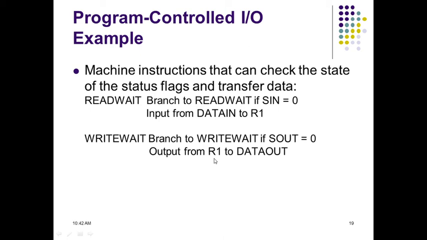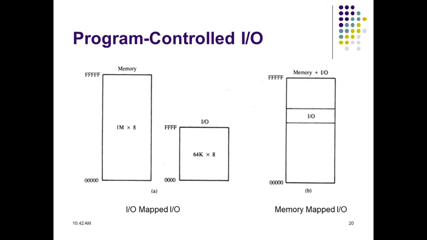Here we assume that the initial state of SIN is 0 and the initial state of S out is 1. This initialization is normally performed by the device control circuits when the devices are placed under computer control before program execution begins. So here you can see this is program controlled IO.